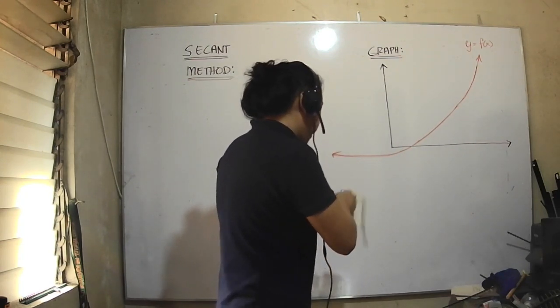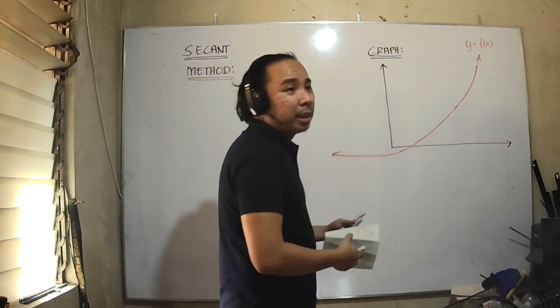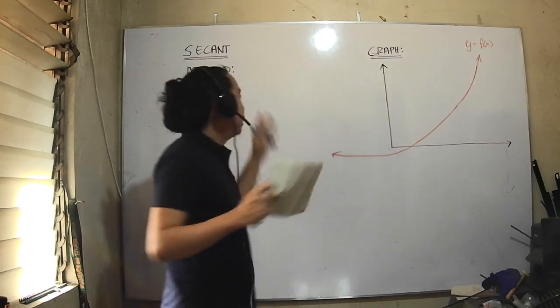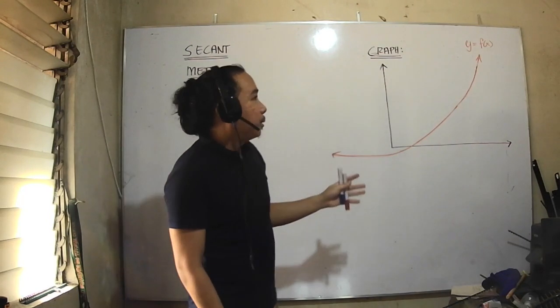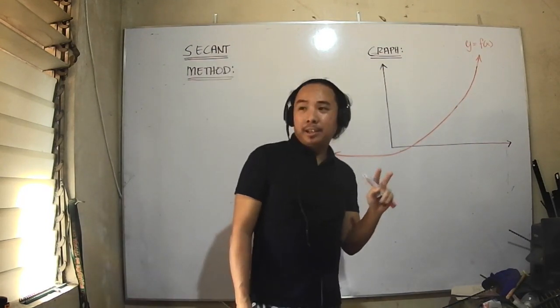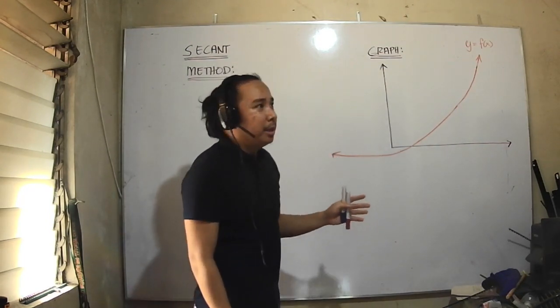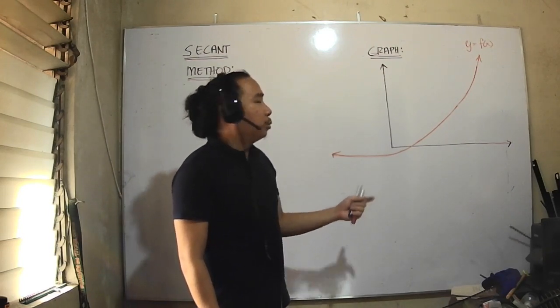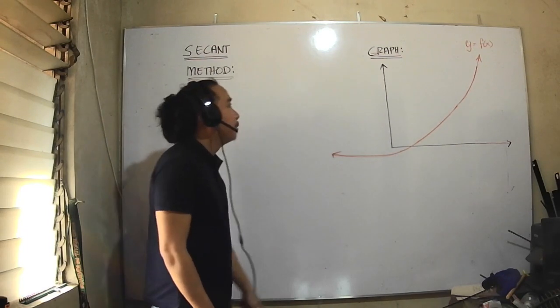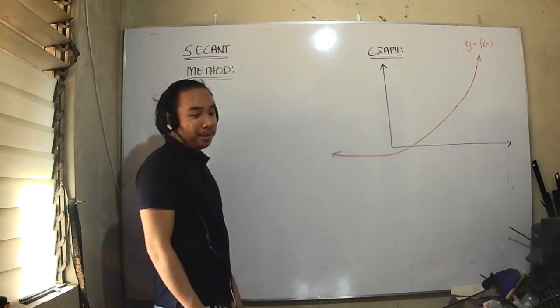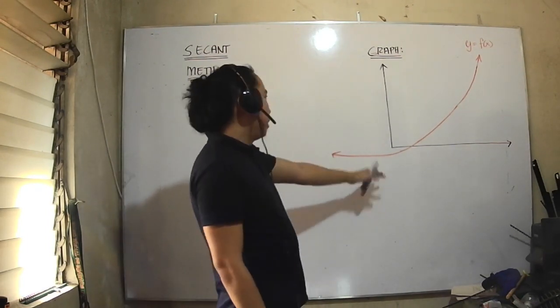Now, the second method, when you say secant, that is the line that passes through a circle twice. Okay? It passes through the circle twice, so it intersects the circle at 2 points. Now, that's not a circle, sir, that is a graph. A graph is a curve.